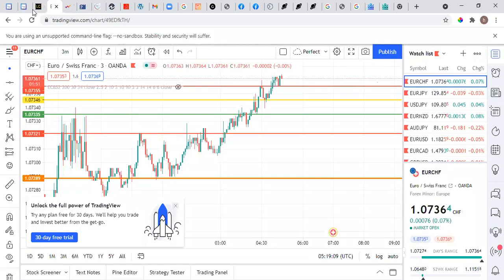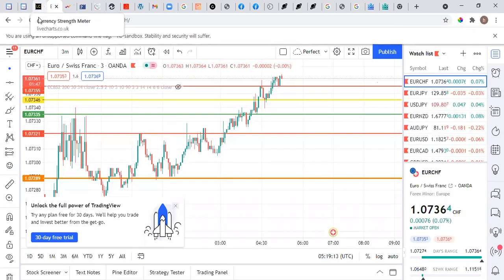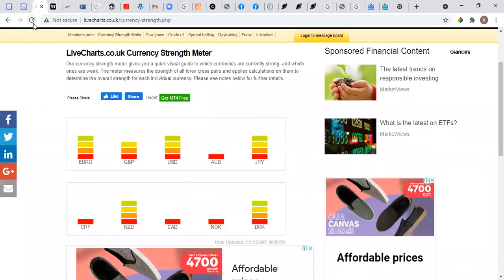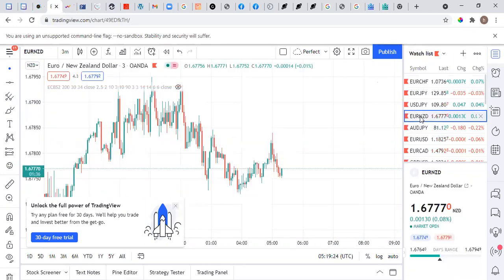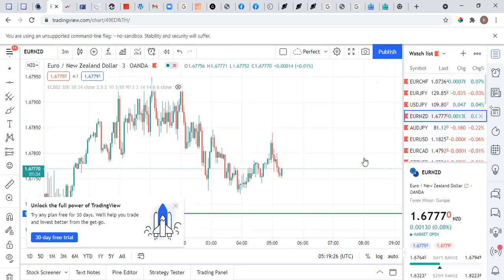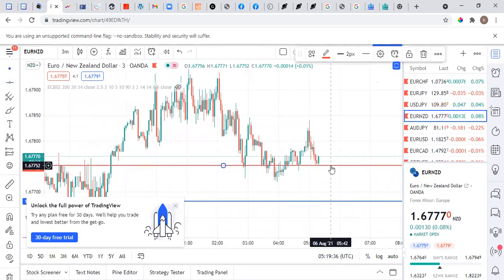Let me check Euro SND. They have the same strength. I see good support here.